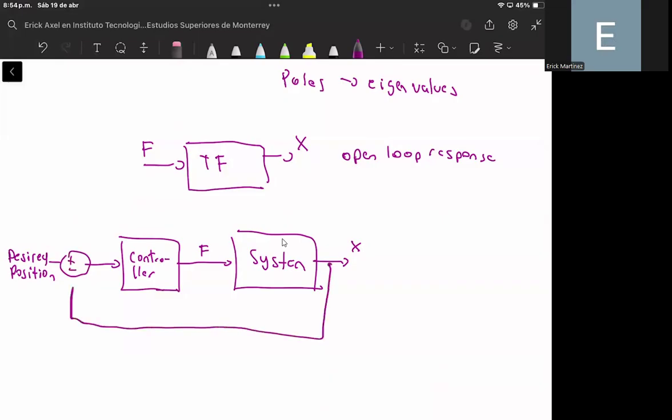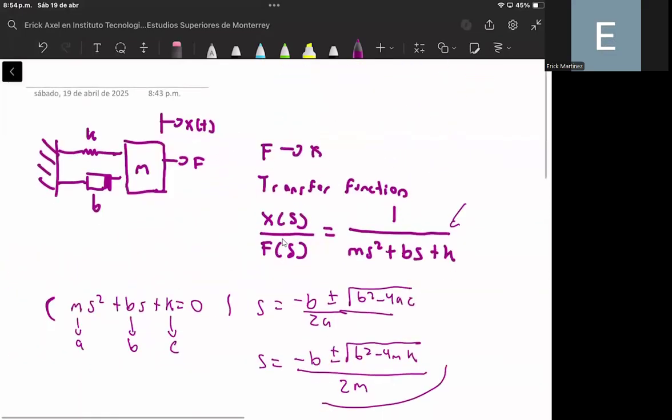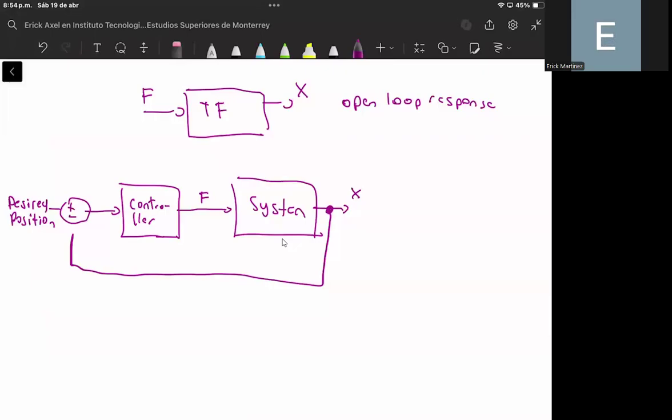So basically, I am using this cable as a sensor, to simulate the presence of a sensor that I am placing in this system in order to measure the position, okay? So I can measure the position of my spring mass damper system, and I can compare the actual position that I am measuring with the desired position that I want.